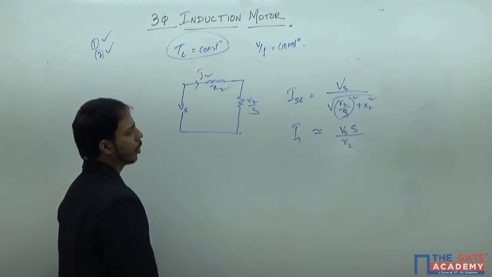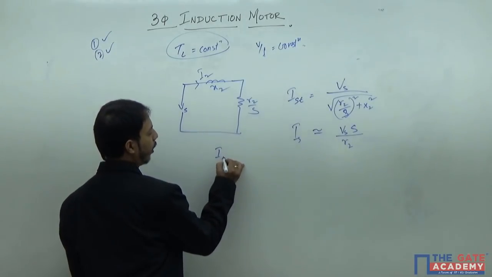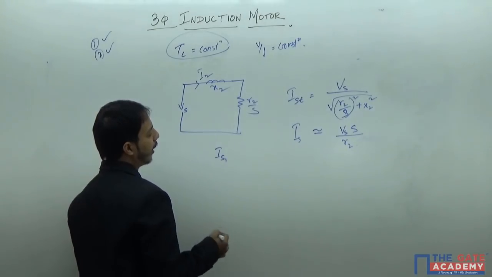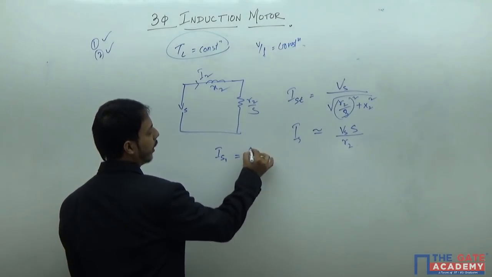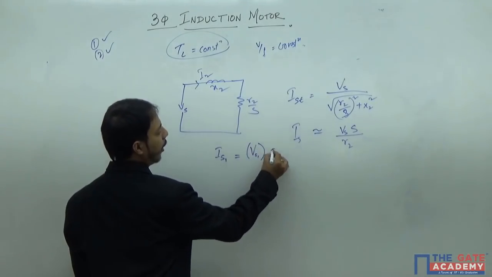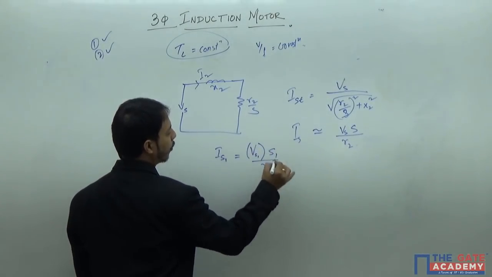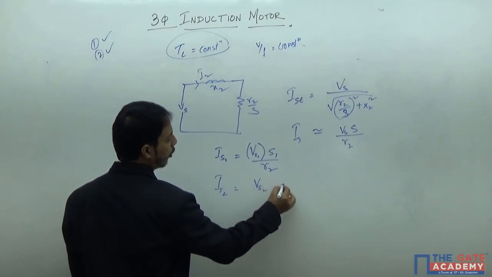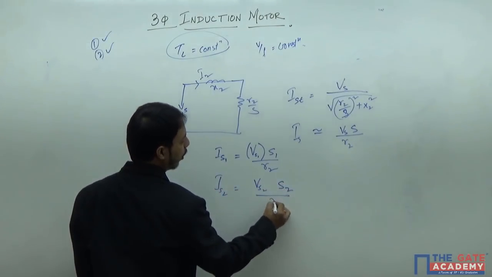So in the first case, IS1 is Vs1 into S1 by R2. In the second case, IS2 is Vs2 S2 by R2.